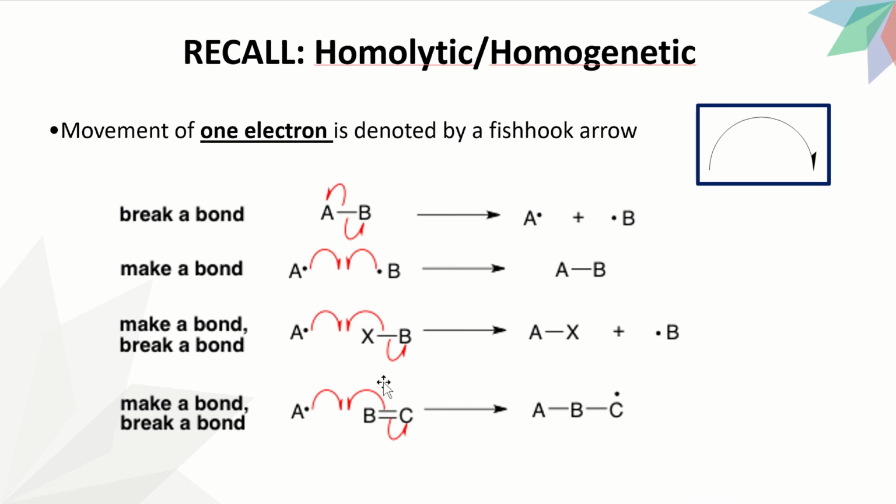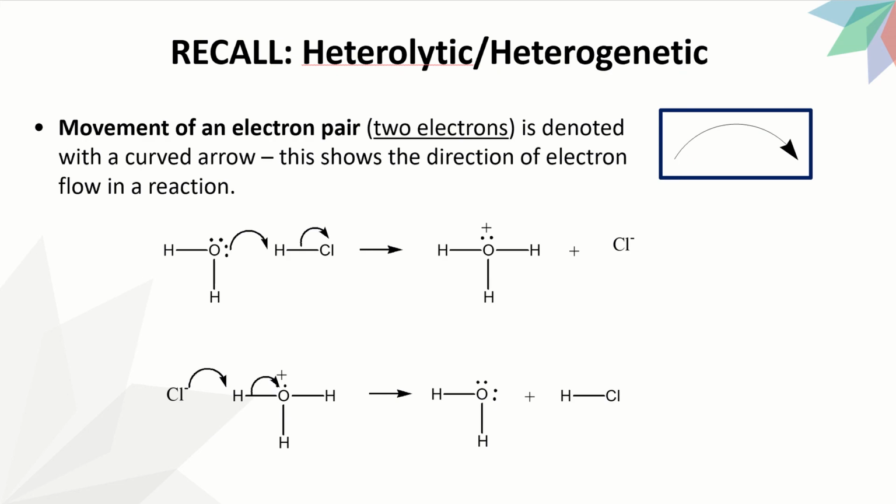There are several other variations to this, but the key point here is that the fishhook arrow represents the movement of one electron, and the principle of arrow movement is the same: where the arrow starts is where the electron is coming from, where the arrow ends is where the electron is going, and we must be very comfortable with that.